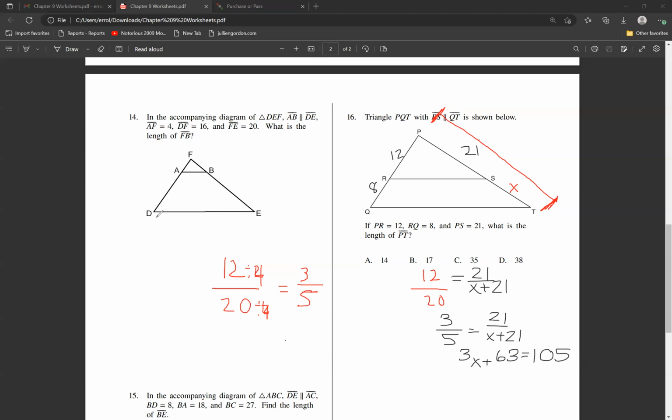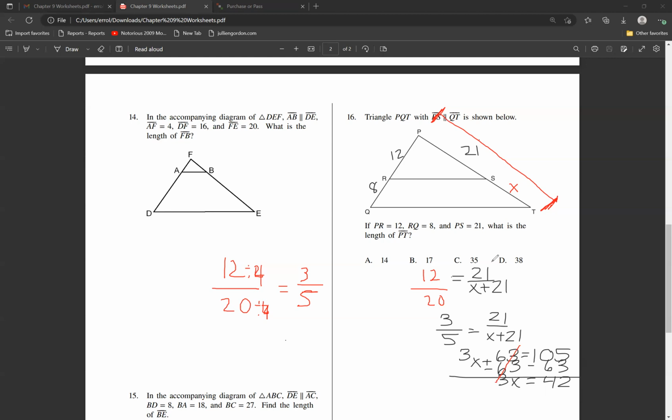Okay, now what? What are you going to do to both sides? Subtract 63. Okay, good. So 3x equals, what's 105 minus 63? 42. Yep. Okay, so 3x equals 42. This will cancel right here. Okay, so divide both sides by 3.